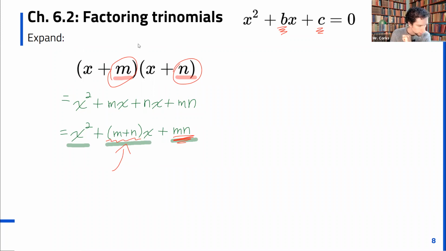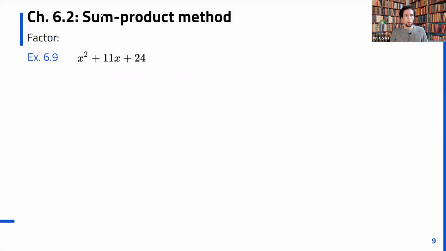So we're going to use that right now for this sum product method. Again, still saying our coefficient is 1 here. So we can use that pattern we just noticed going from the binomial, the x plus m, x plus n form, and then getting from that to the x squared plus (m plus n)x plus mn form.